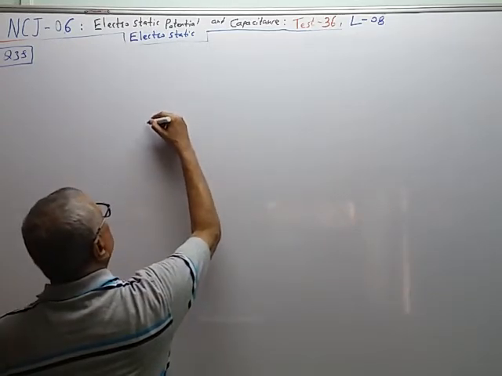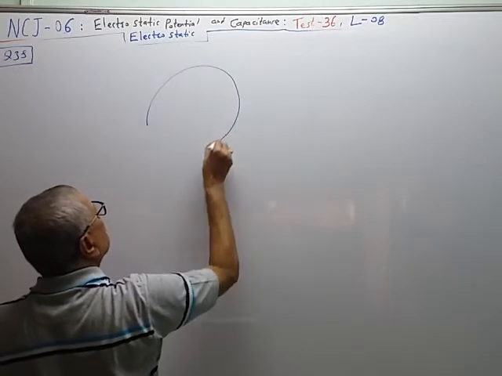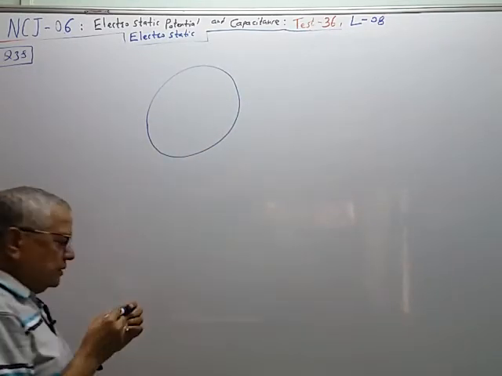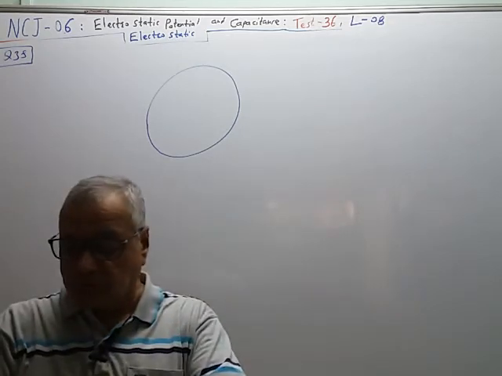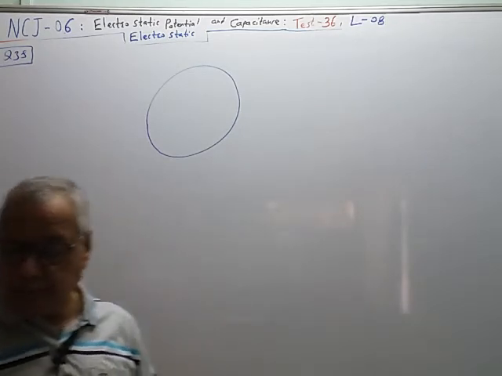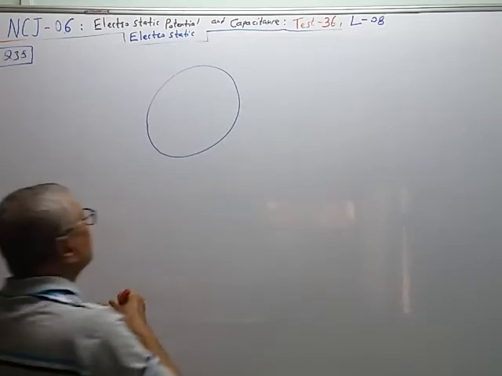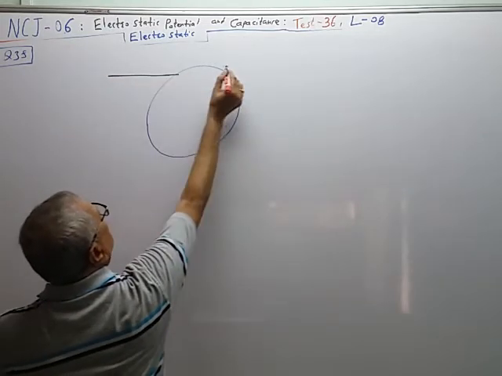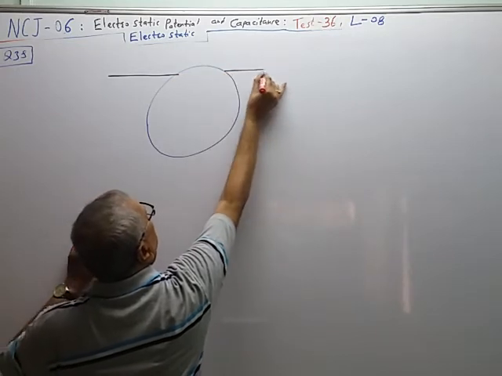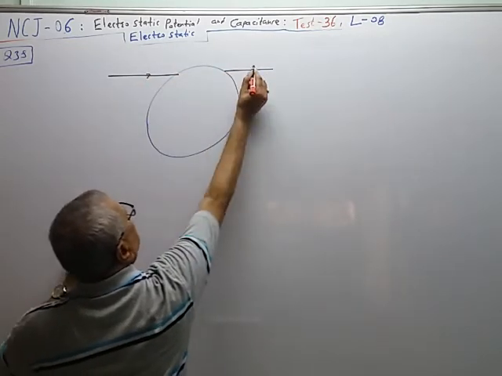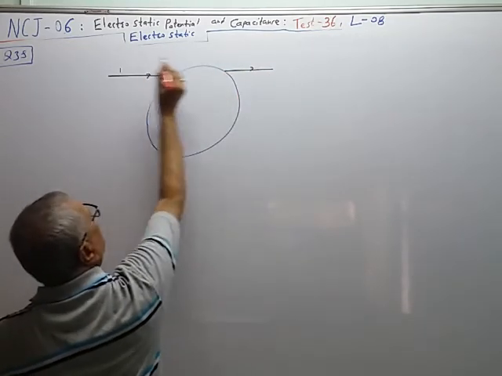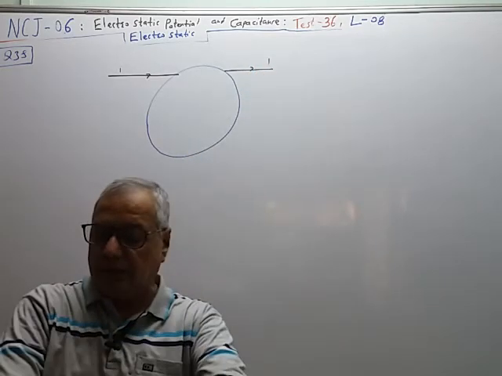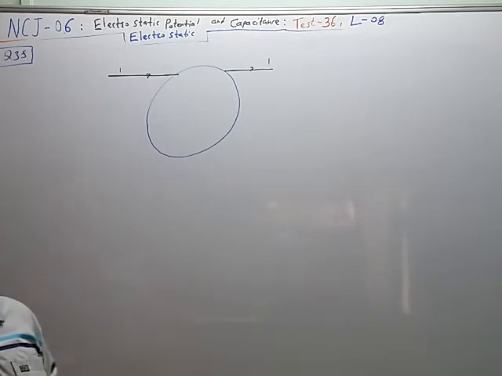This is the sphere. Metallic sphere. So the lines are shown like this. Line number 1 is shown like this. This is line number 1. Then I will show line number 2, and 3.